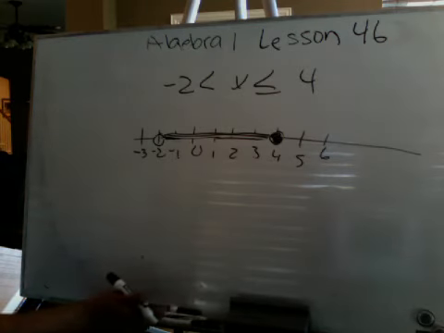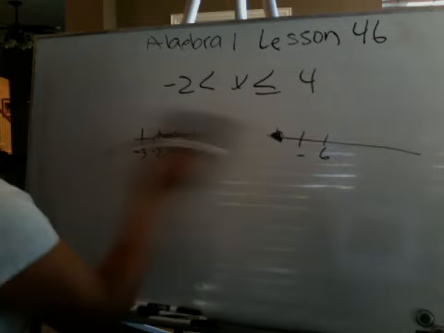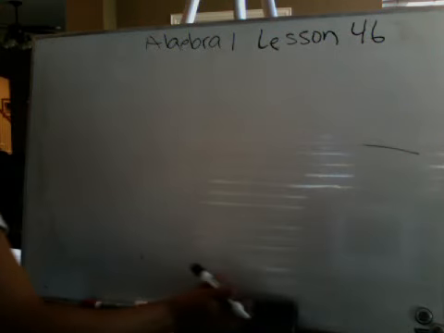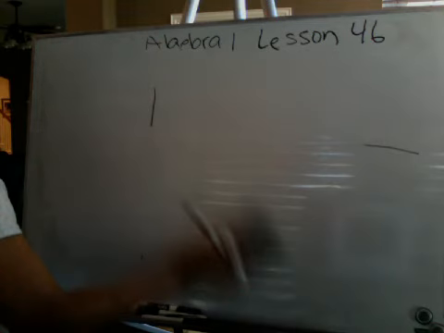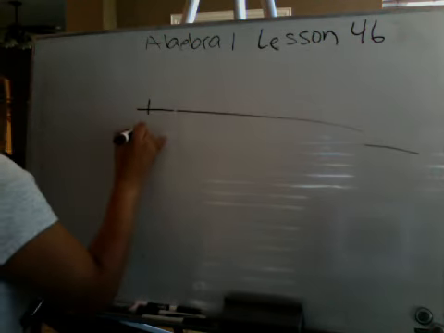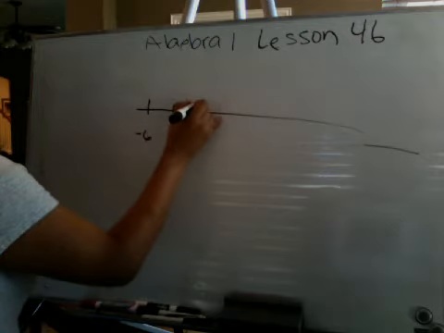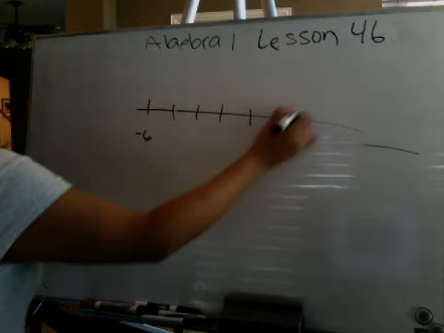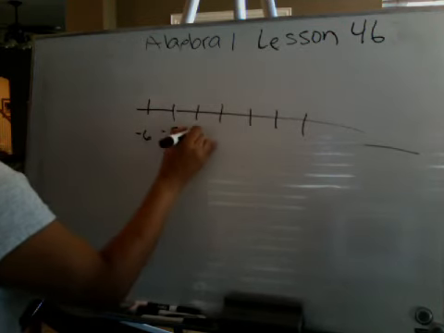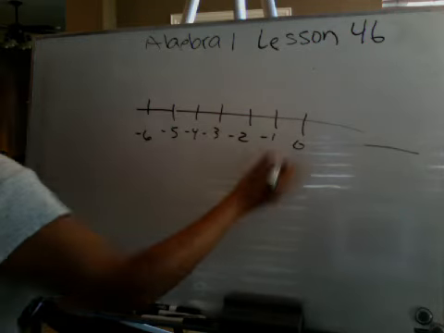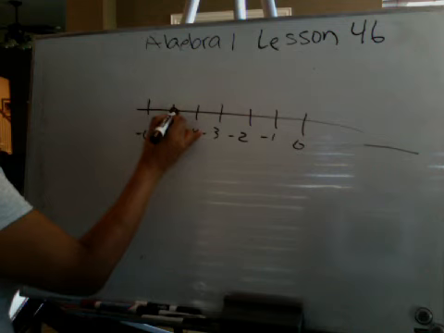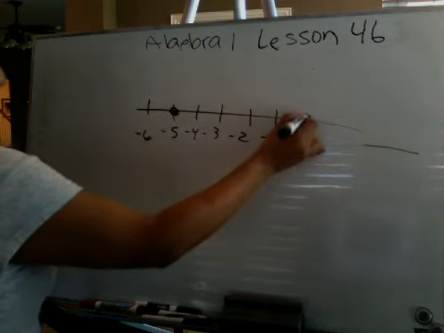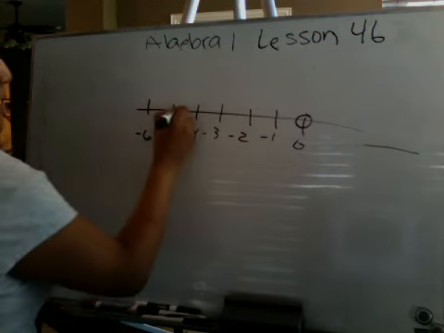Okay? So let's look at example 46.3. Okay, and it's got a circle closed, 0 open, and then in between.